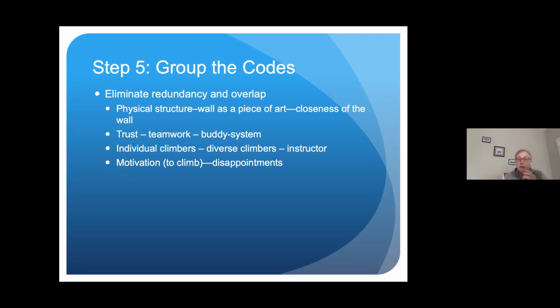The next one here: trust, teamwork, the buddy system. All of those are about these teamwork principles. So again, those could be combined into just a single code, unless you think it's important to distinguish those, if there's some reason to distinguish them, of course. The software actually makes it very easy to combine codes, if that is something you're using and something that would be helpful.